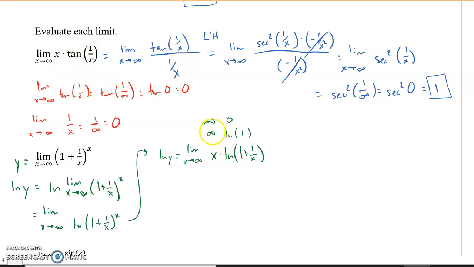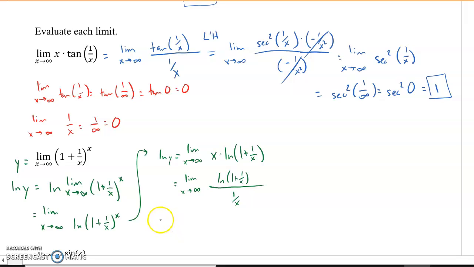So now that we've got a product of infinity times 0, we can fractionate it like this, right? We can turn it into a fraction by taking one of the two factors, either the x or the natural log of 1 plus 1 over x, and reciprocating it. 1 over x is easier to deal with than 1 over the natural log of 1 plus 1 over x. So I'm going to leave that in the numerator, and the 1 over x is going to be our new denominator.